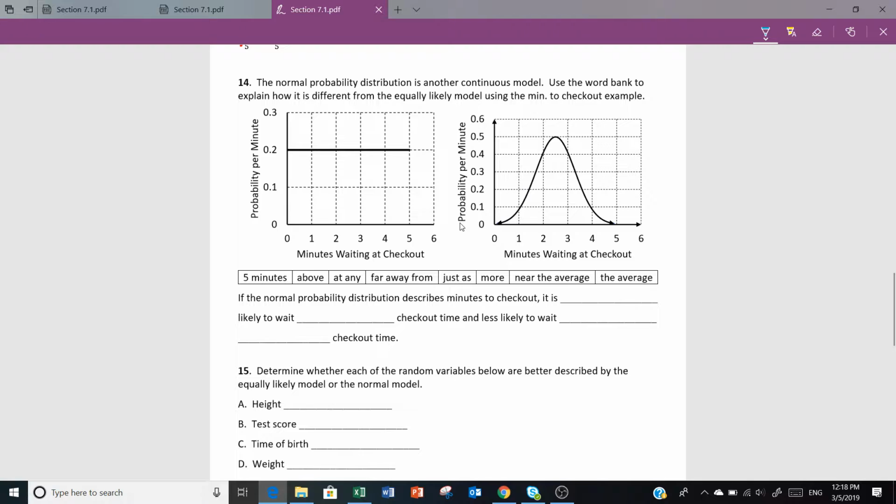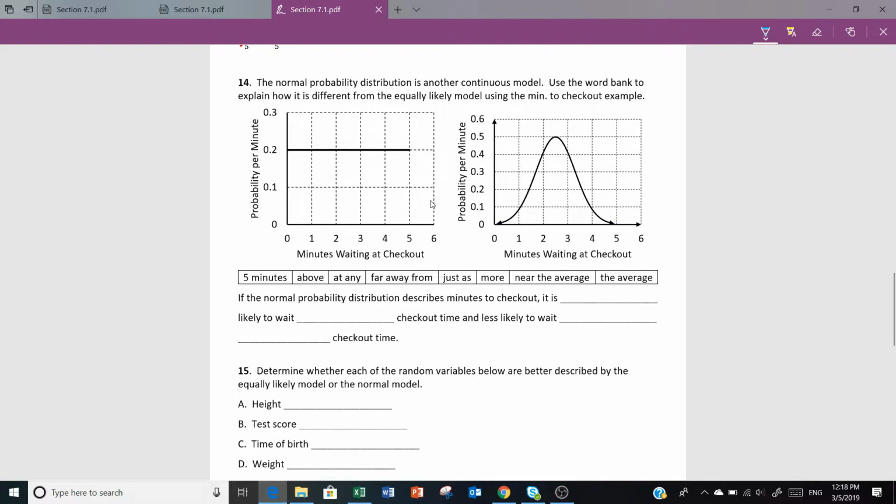Okay, let's look at this graph. In the normal curve, where are we more likely to weight? Near the average. Okay, good. The middle, remember the middle is the average. We call the middle the average. Higher probability per minute means more likely to weight in the middle, or the average, less likely to weight away from the average.